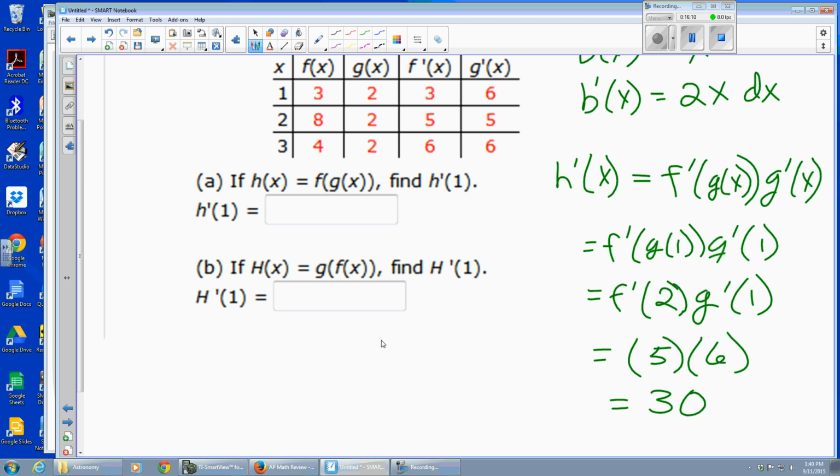So here, I'm going to end up with g prime of f of x all multiplied by f prime of x. And then substitute in the correct values for 1 into there. And I'll end up with the same thing. Same idea.